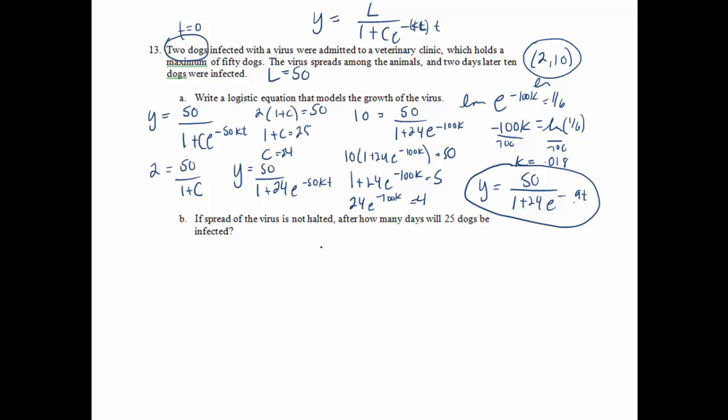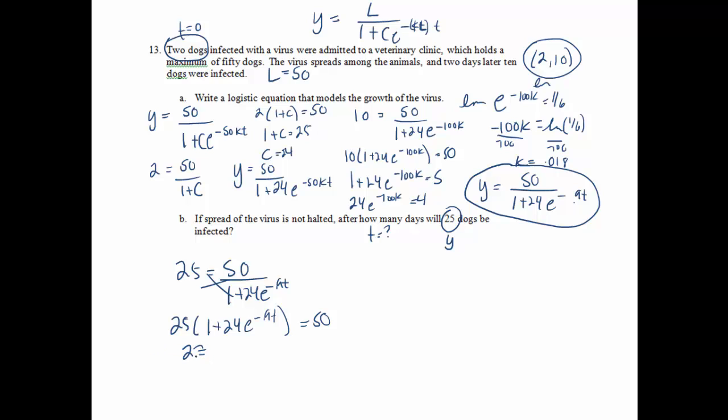All right, now part B. If the spread of the virus is not halted, after how many days will 25 dogs be infected? So this is my y value, and I'm looking for my t. I get to use that formula again. 25 equals 50 over 1 plus 24e to the negative 0.9t. Cross multiply. I will get 25 times the quantity 1 plus 24e to the negative 0.9t equals 50. I'll divide both sides by 25 and I will get 2.